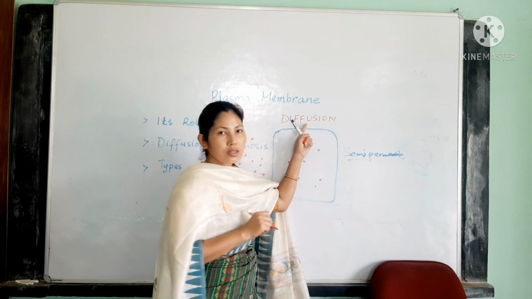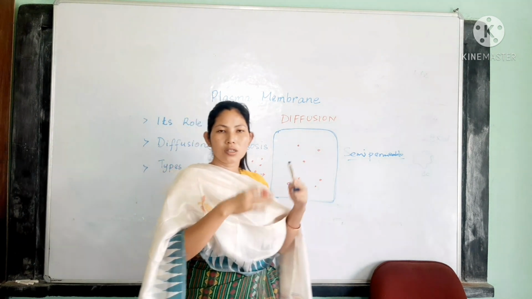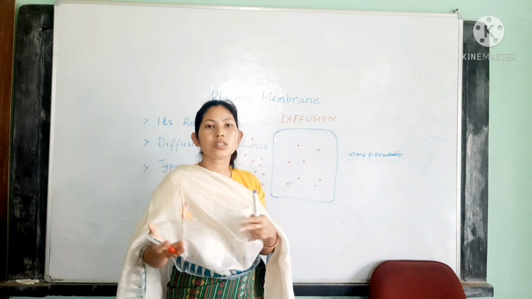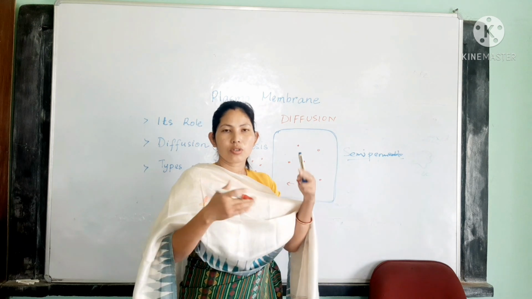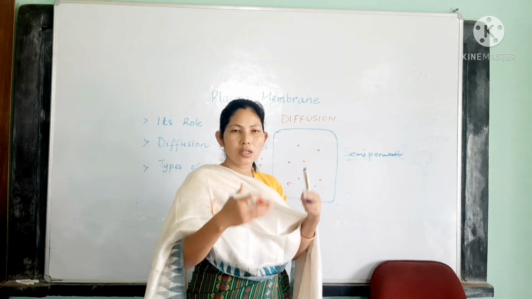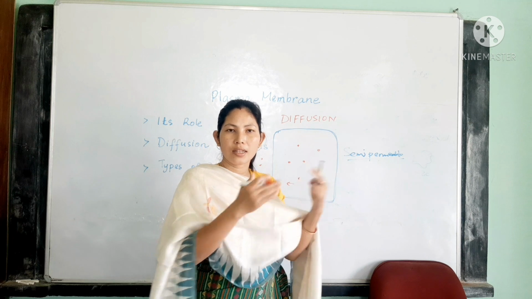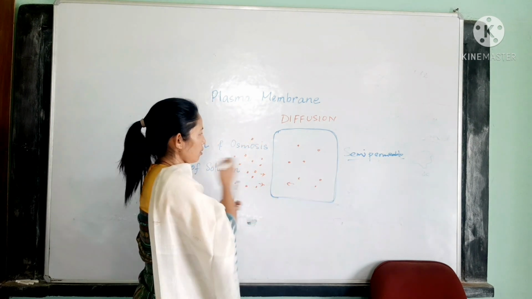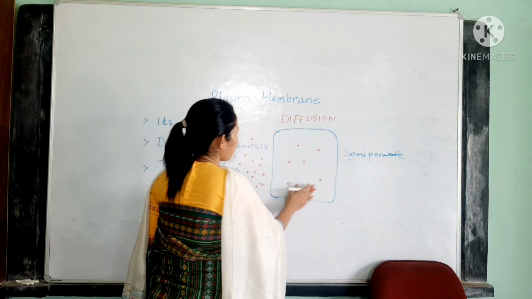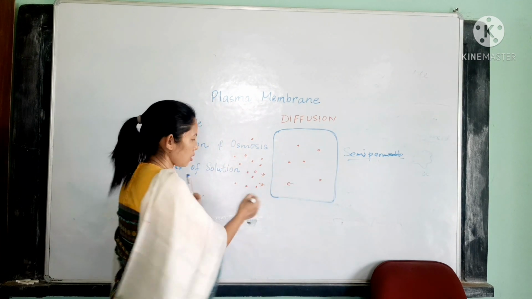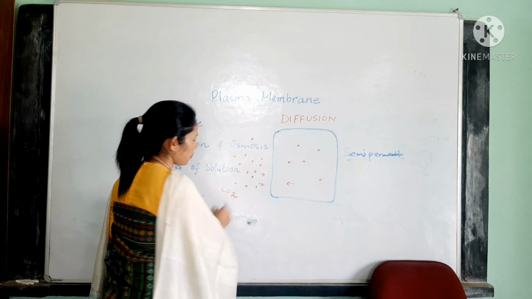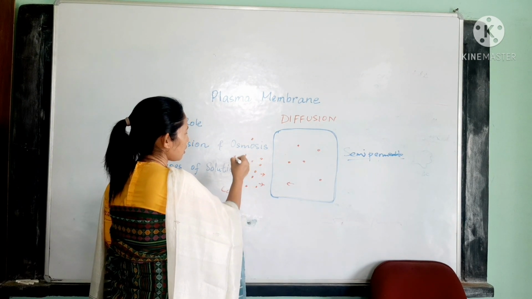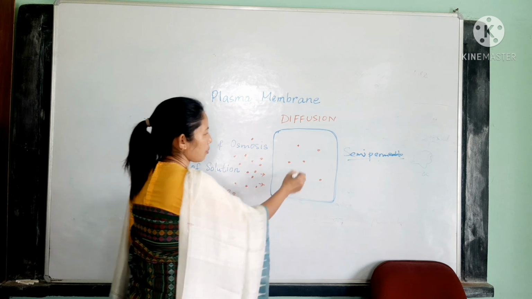Diffusion is a process by which molecules enter or exit the cell along a concentration gradient, right? So there should be a concentration gradient between the cell and the outside environment, right? For example, consider this diagram. Let us consider this is the carbon dioxide molecule, right? The carbon dioxide molecule outside the cell is high compared to inside.